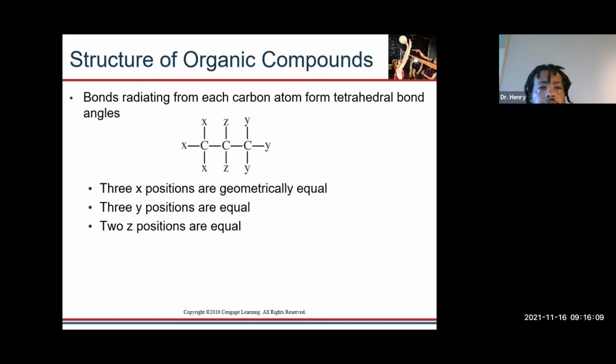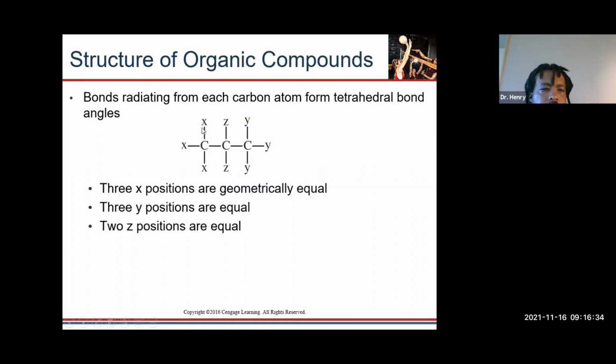Because of the structure, we also have to be cognizant of the geometry. So when we're talking about naming, there's also aspects of stereochemistry. Stereochemistry is when we have the same chemical structure, and we have just minor changes in the location of certain things. I'll show you an example of that.